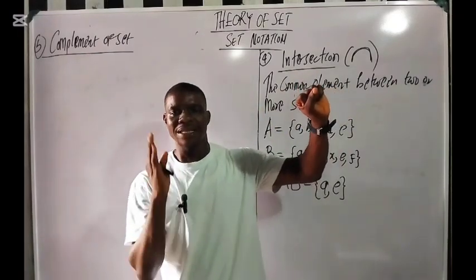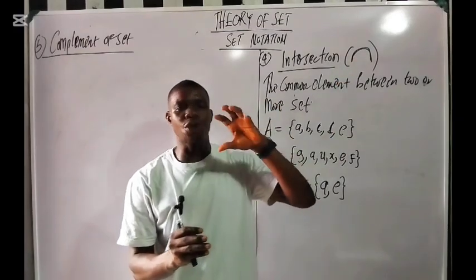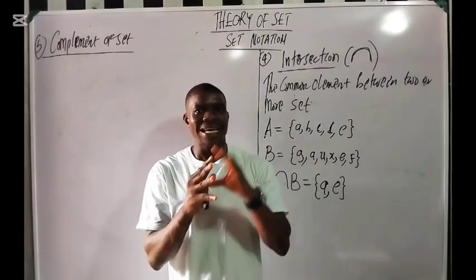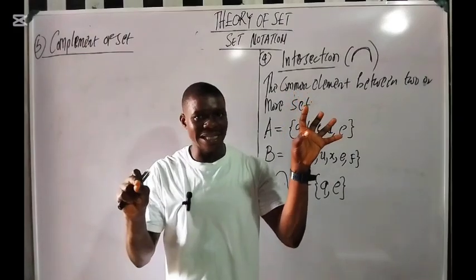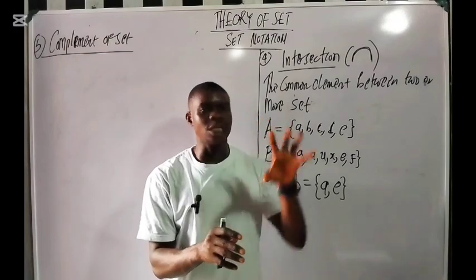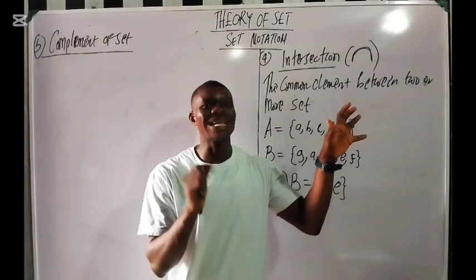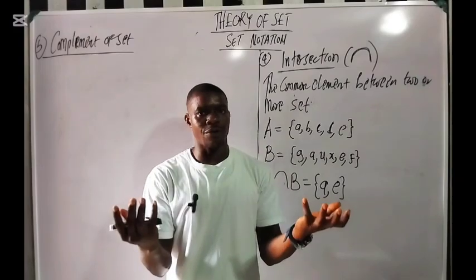You are comparing that set to the universal set, right? So elements in the universal set that are not in that given set are called the complement of the set. I'll go again. Elements in the universal set but not in the given set are called the complement of the set.